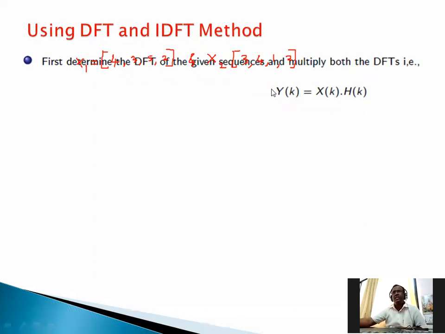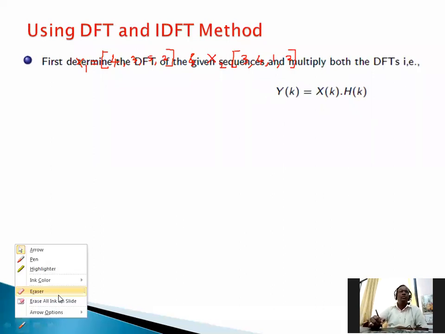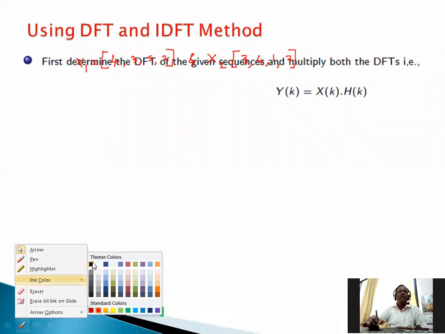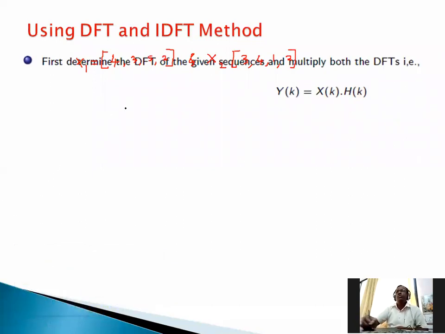That is, we write Y of k equals X of k into H of k.